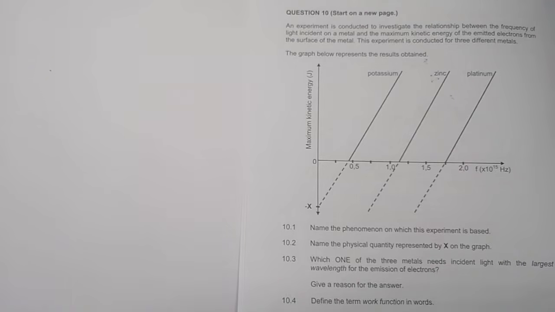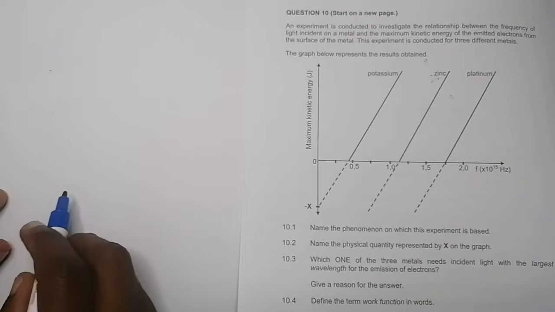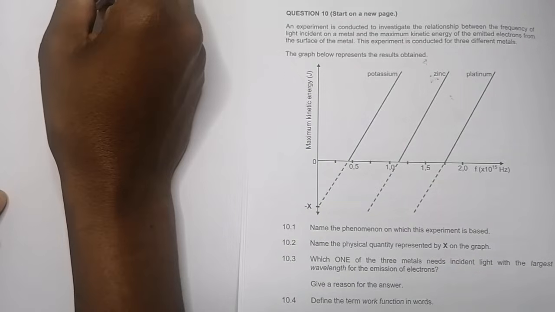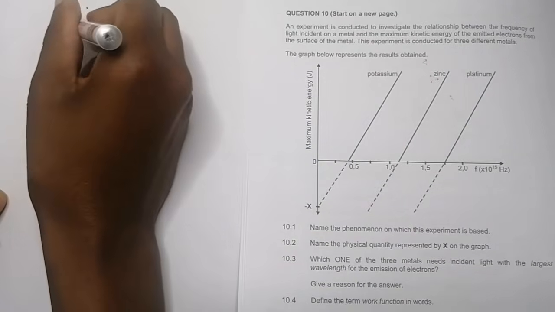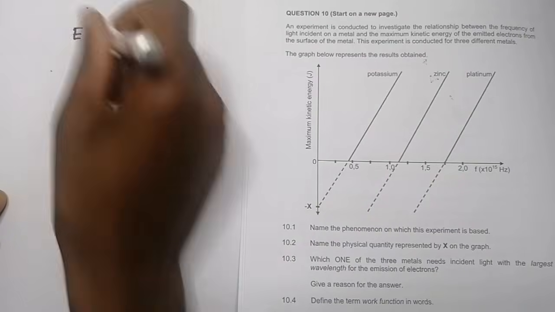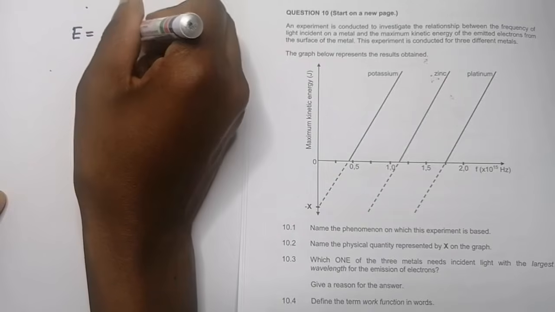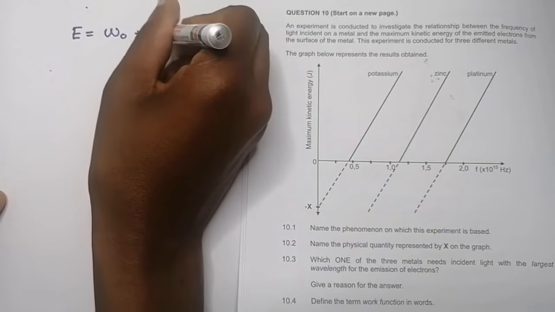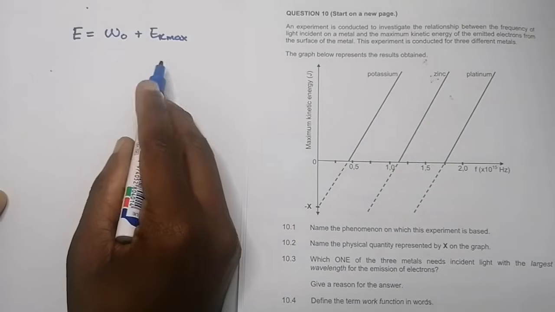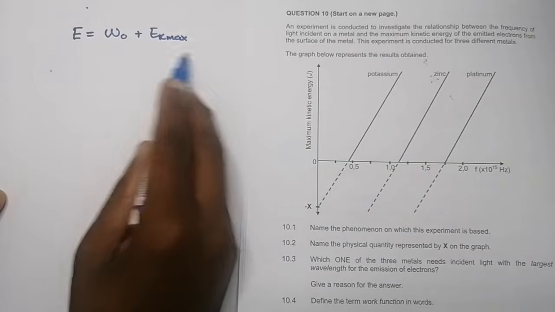I want to show you where this comes from. I don't know if it will be of value to you, but it would be somewhat important. So we know that usually when we deal with this section, we're going to have E, which is the energy of the photon. It's equal to the work function plus EK max, the maximum kinetic energy of an electron.